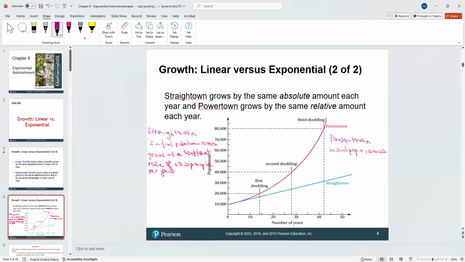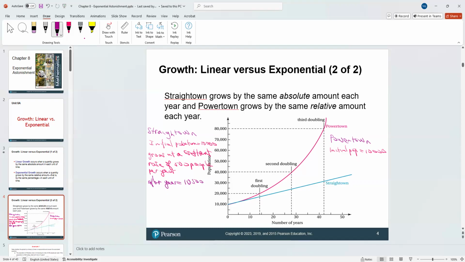But for Straight Town, every single year you add 500 people. After year one, you have 10,000 plus 500, which gives you 10,500.